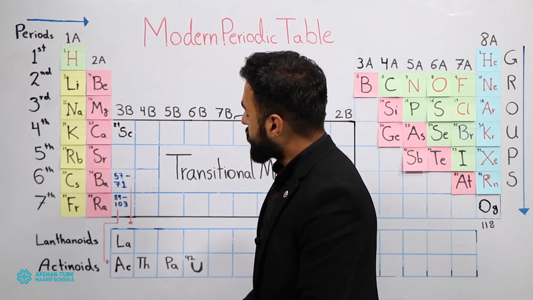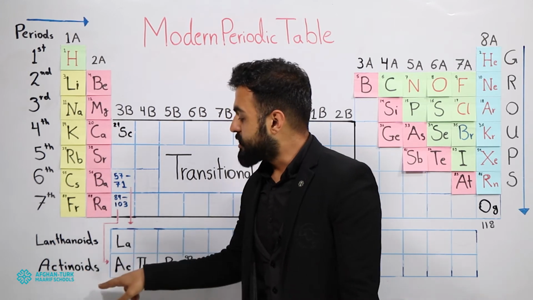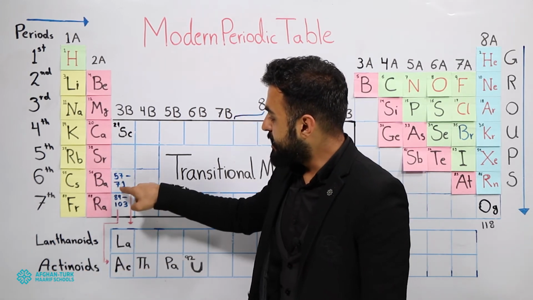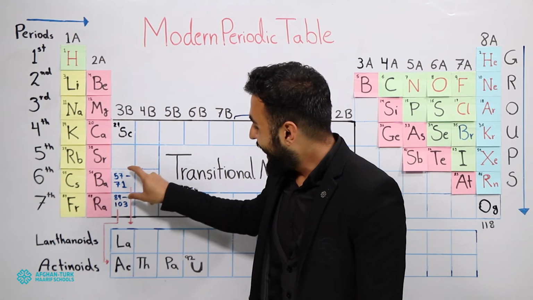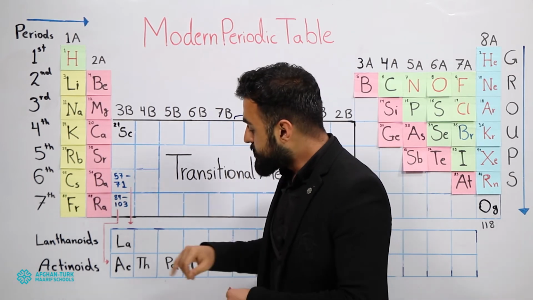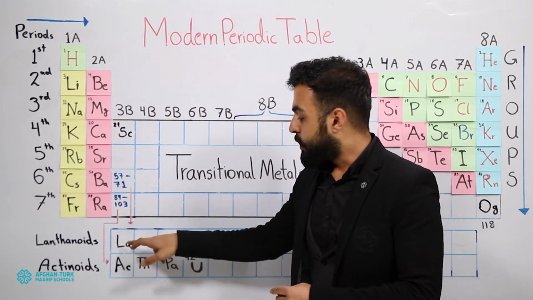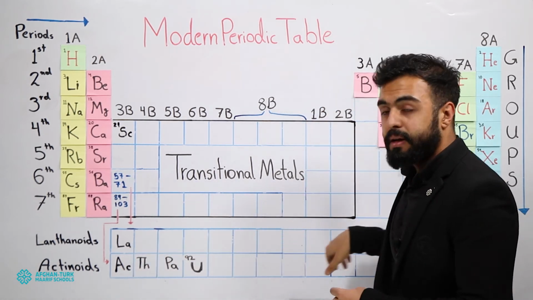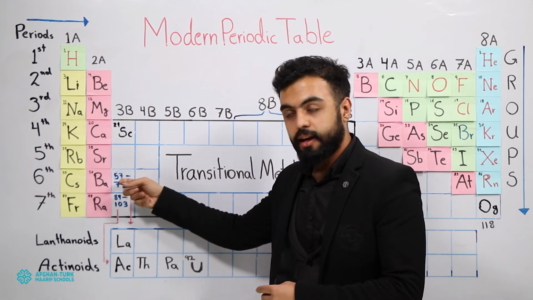These 2 series are called lanthanides and actinides. From 57 till 71, there are elements in this column. Lanthanum is the first one, and 14 other elements are beneath this cell.